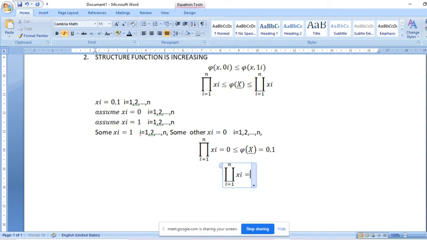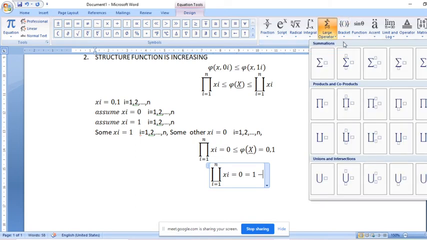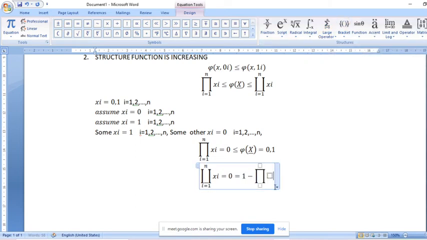Then this is equal to 1 minus the product of (1 minus xi), which equals 0.